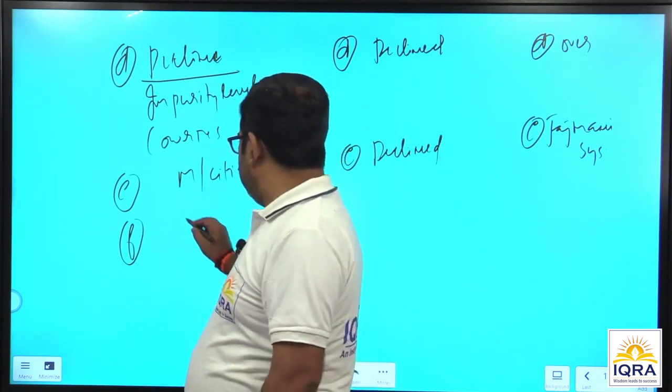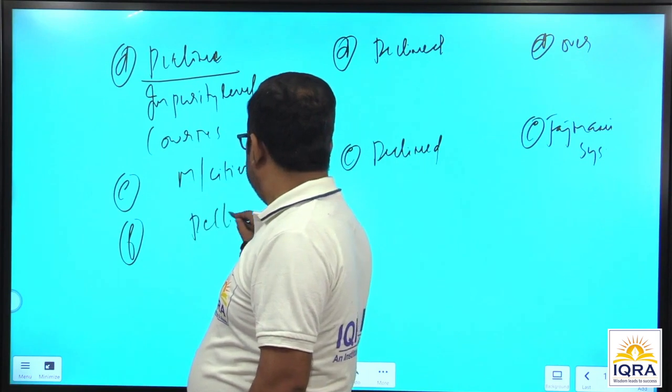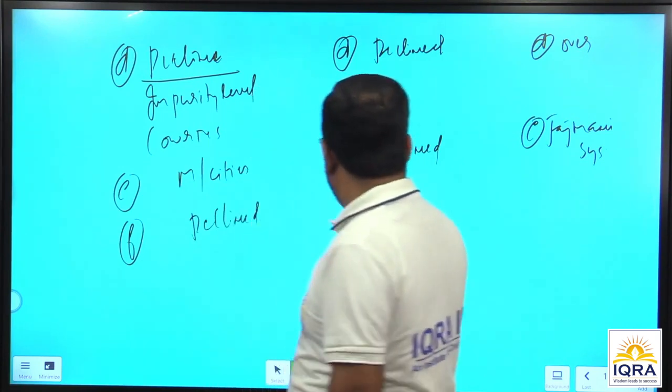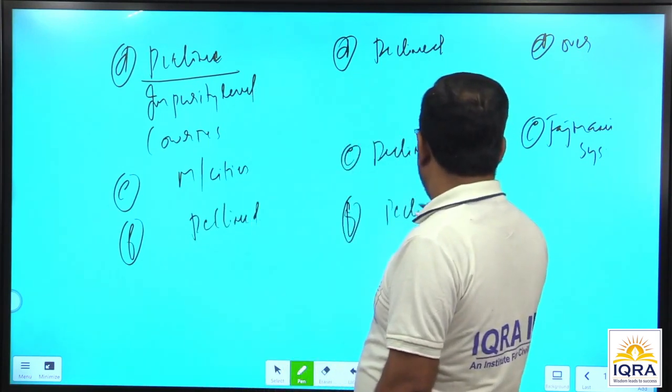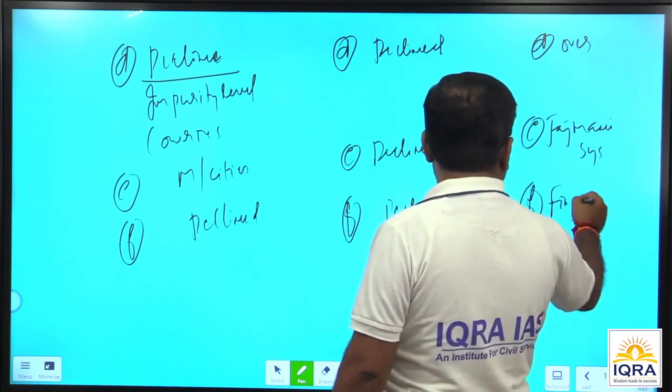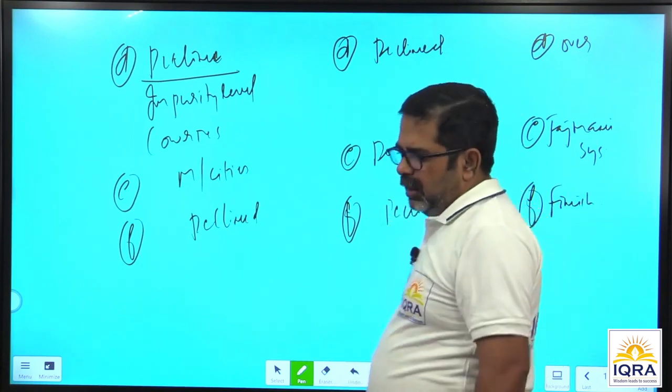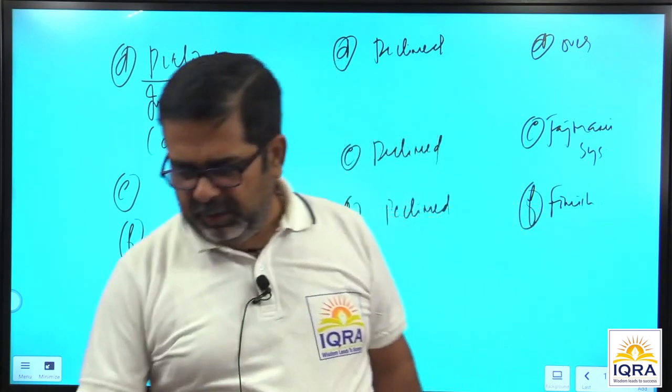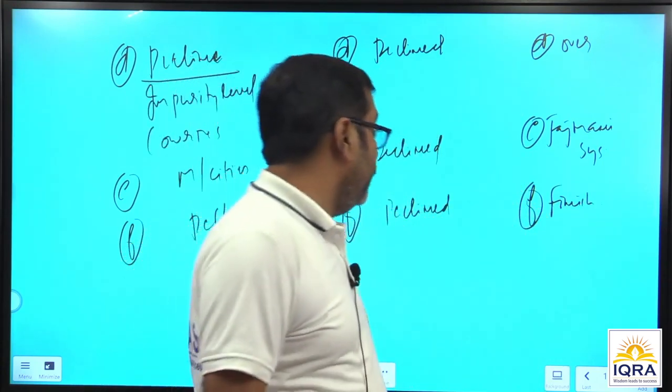Vaishya's status declining. Declined. Finish. This was the economic structure of ancient period from Stone Age to the Rajput period.